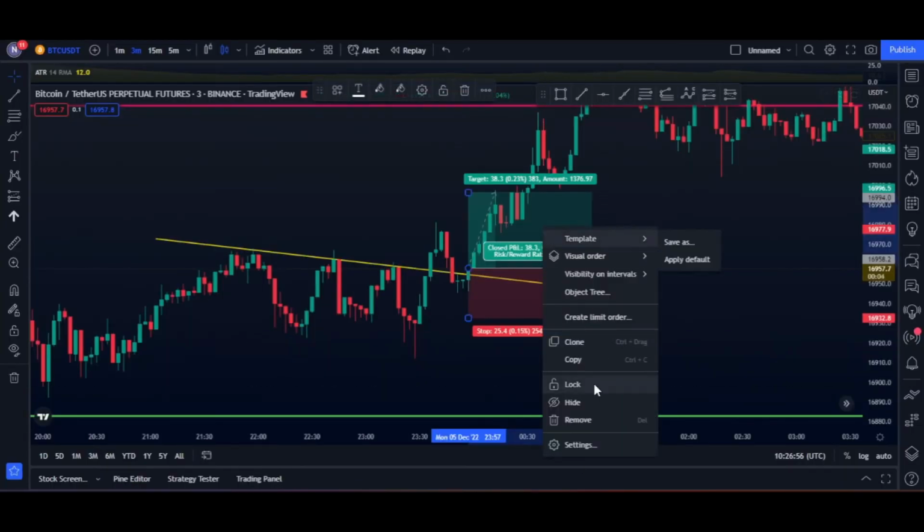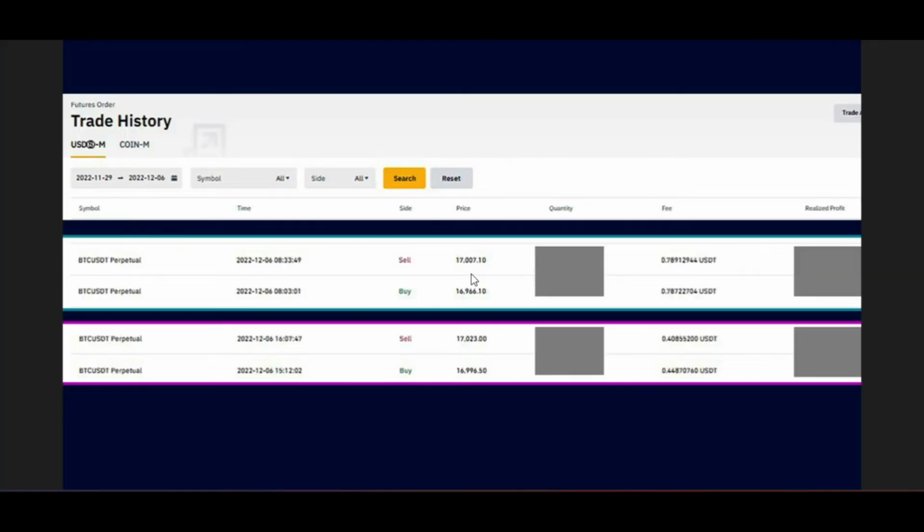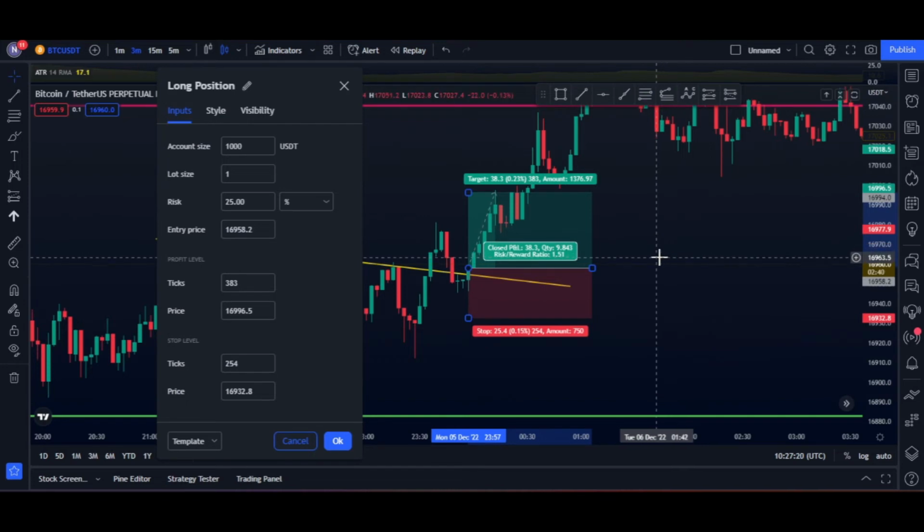Let me just open the trade that I had here. So let's just double check. So my entry price is around 16,958. Let's just double check it. 16,958. So yeah, since this is a market order, the price could slip right through your entry price. But here I have my entry at 16,966, just right around here, guys.